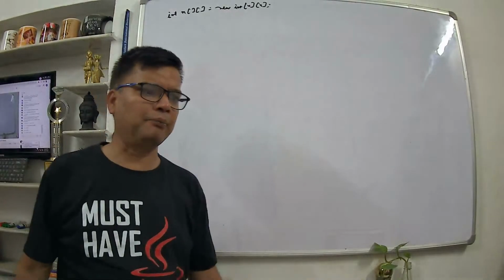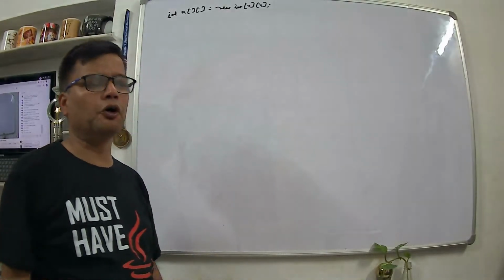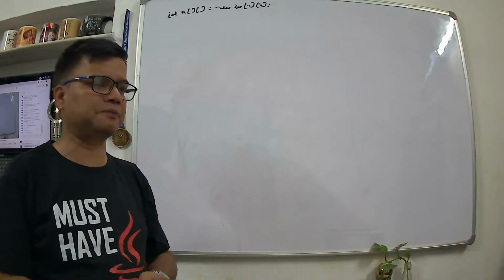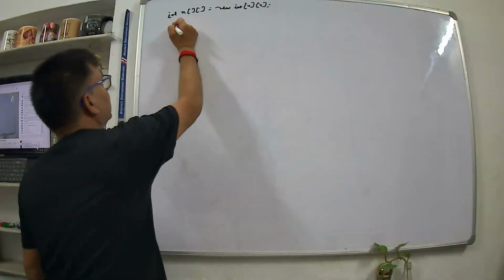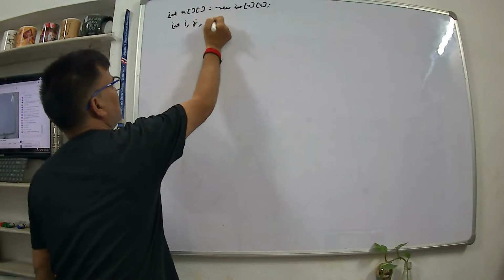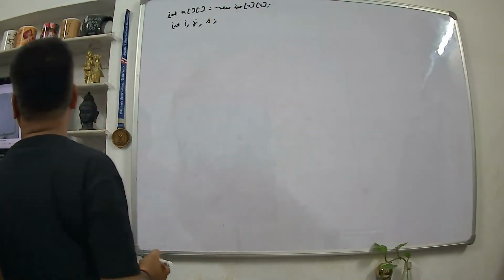Okay? It's a double dimension array with 4 rows and 4 columns. The first subscript is for row, second subscript is for column. Now, int i and j I took, and for sum I have taken a variable s: int i, j and s.